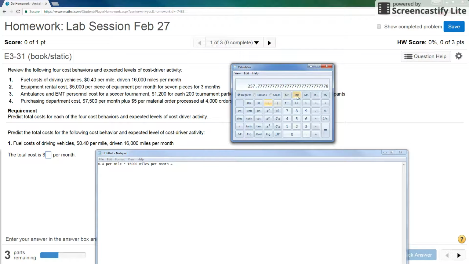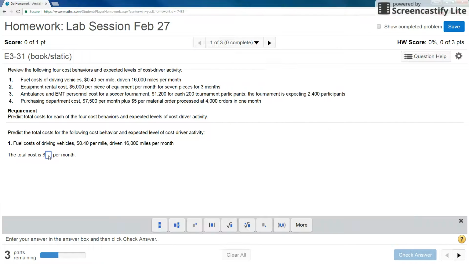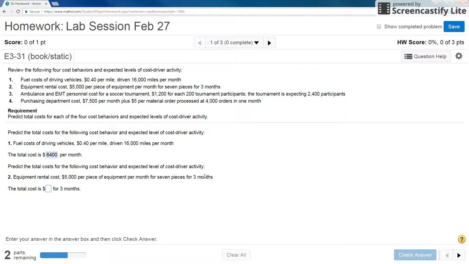It's time to have everything on the screen. So 40 cents multiplied by 16,000 gives us 6,400, and as you can see the per miles will cancel out the miles and the unit for the last number is per month. So now you have 6,400 per month. So we got the first one right.